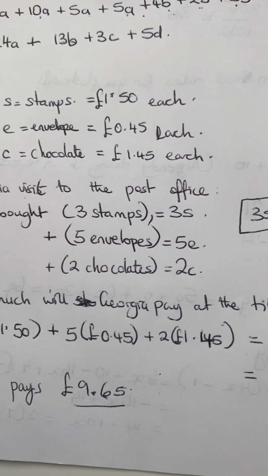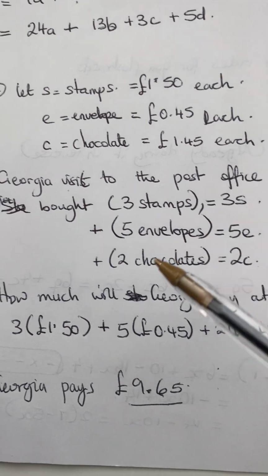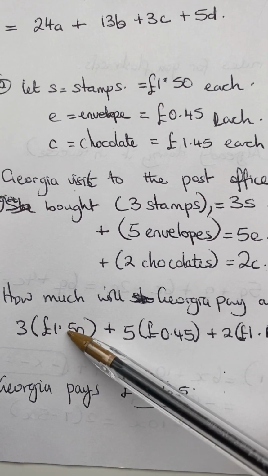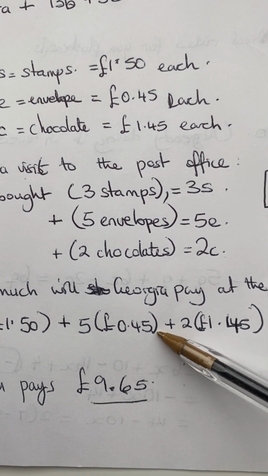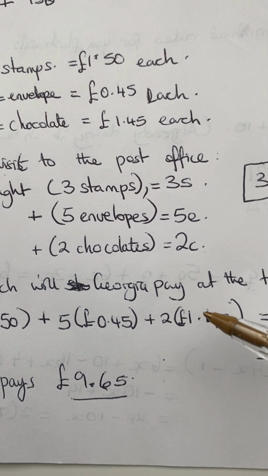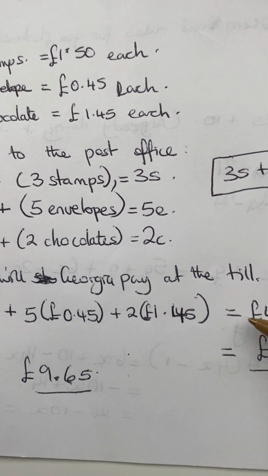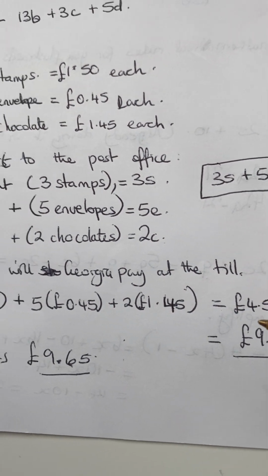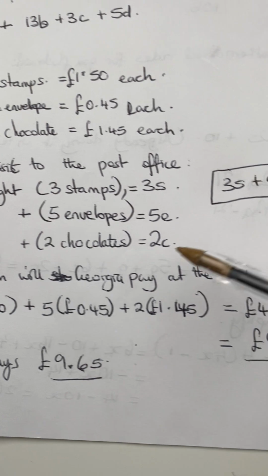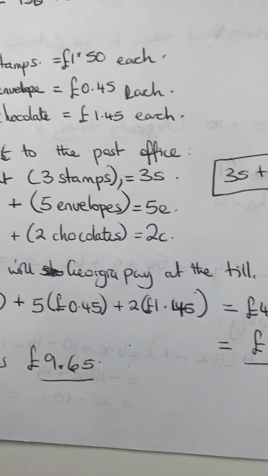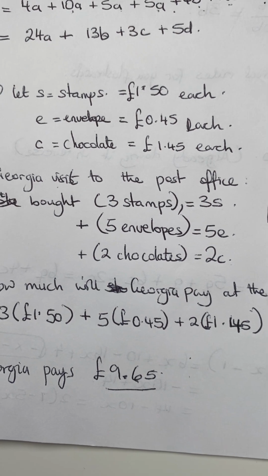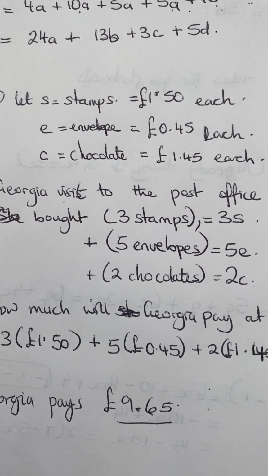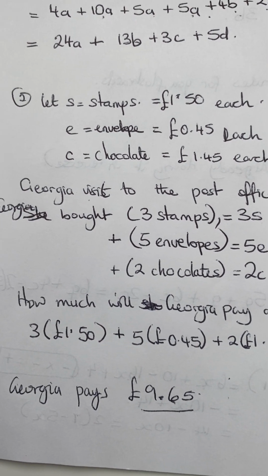Okay, so now she has 3 times £1.50, 5 times 45 pence, and 2 times £1.45. So when you add all, you can add all in your head, or you can use the calculator.